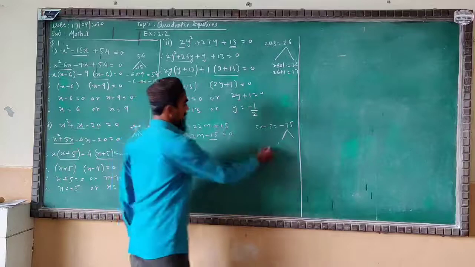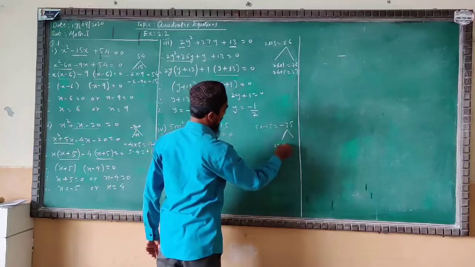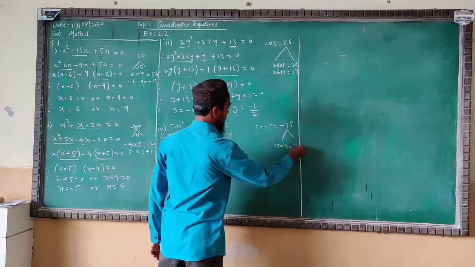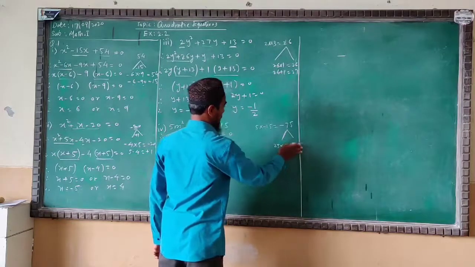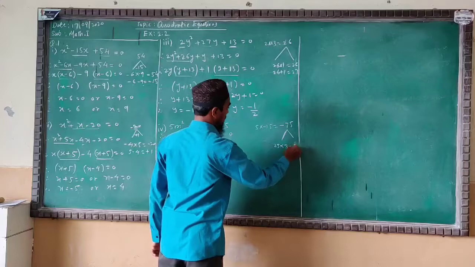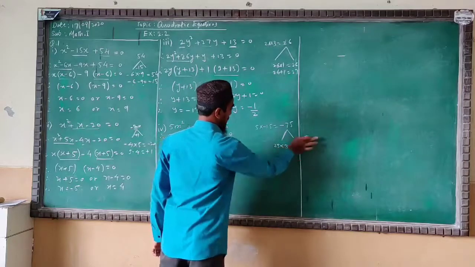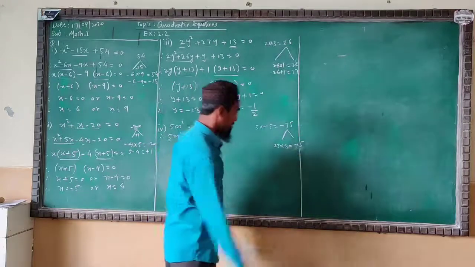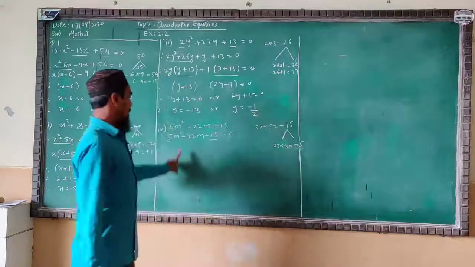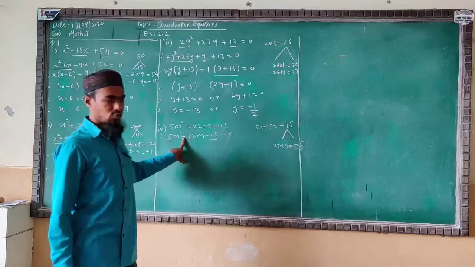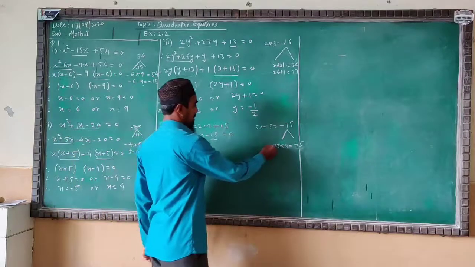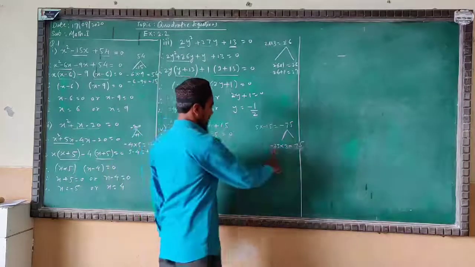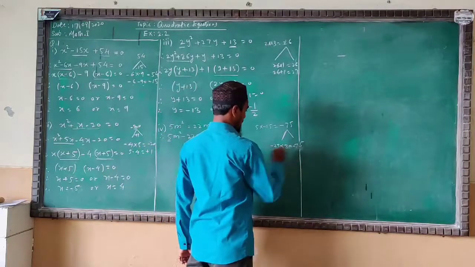See very well. 25 into 3. 25 3s are 75, you will get there. 25 into 3 you will get 75. Okay. Now here we have the minus sign in the middle, so we put the minus sign with the greater number. Now 25 3s are 75, plus minus minus 75.